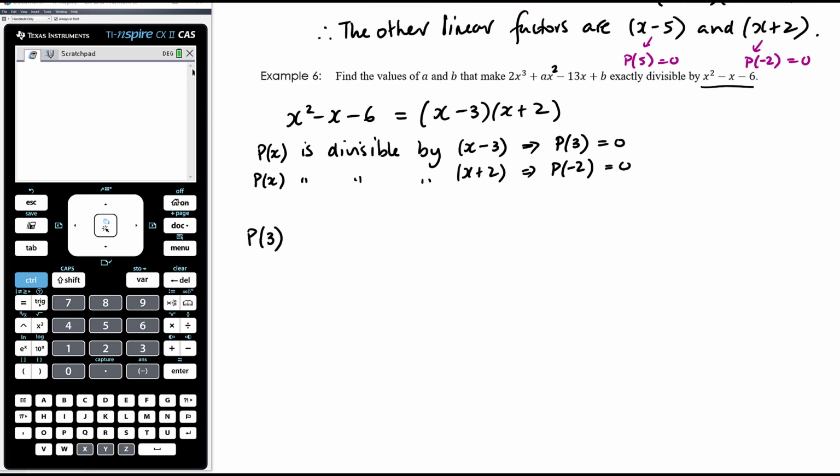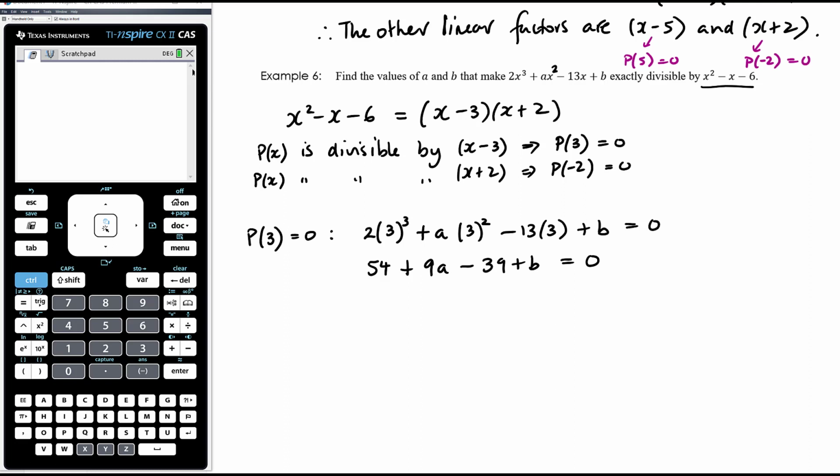Alright, so p of 3 equals 0. Subbing 3 into that polynomial, 2 times 3 cubed plus a times 3 squared minus 13 times 3 plus b, and that has to equal 0. So 3 cubed is 27, 2 times 27 is 54, 3 squared is 9, so it's 9a, 13 times 3 is 39, and plus b equals 0.